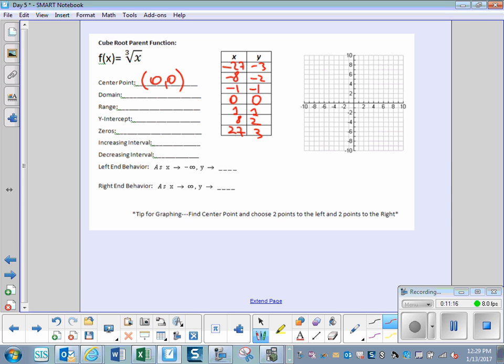Okay, so let's plot them. 0, 0 is my center, and then I have 1, 1, and then 8, 2, and then 27, 3. And kind of symmetrical, so -1, -1, -8, -2, and -27, -3. I connect my points. Where did you get -9, -3? It's 27. Oh, negative, it's 8.